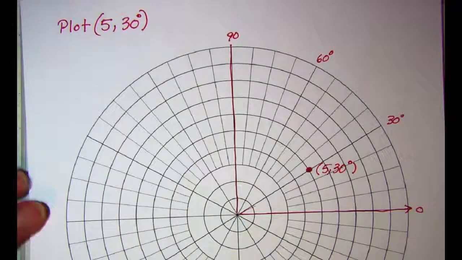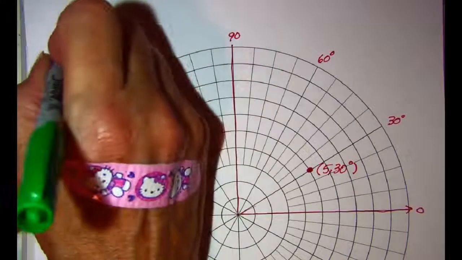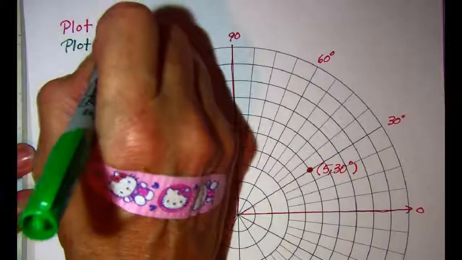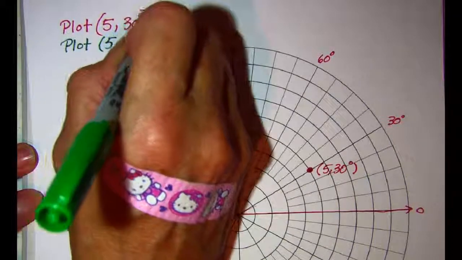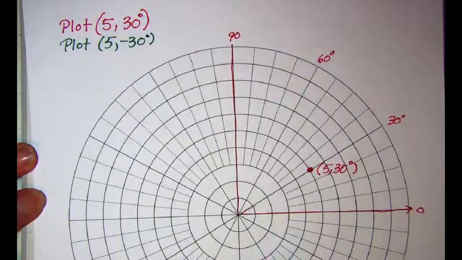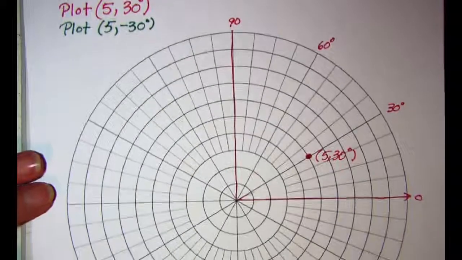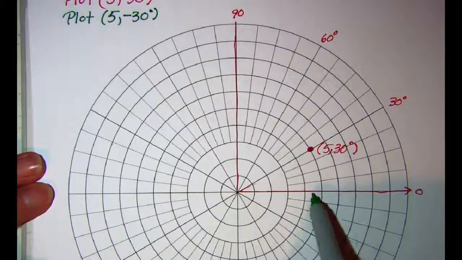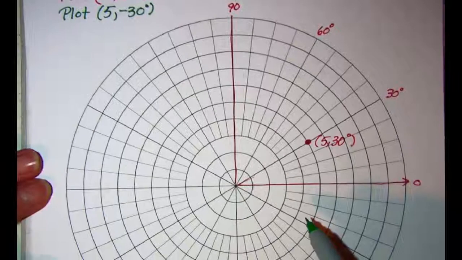Right? Let's plot (5, negative 30). A negative 30 means I'm going to have to go down or clockwise on my rotation.